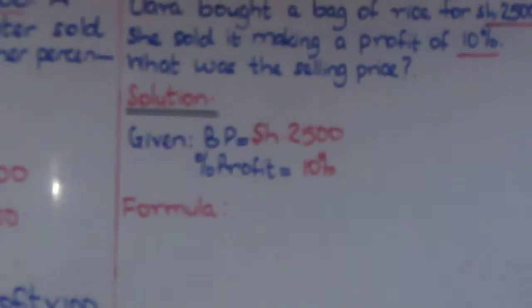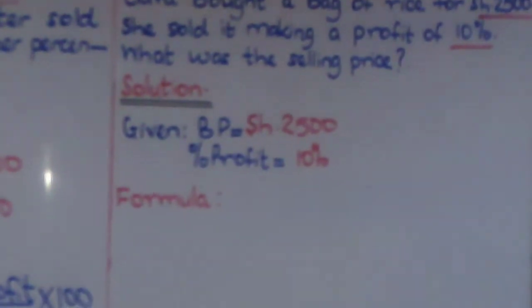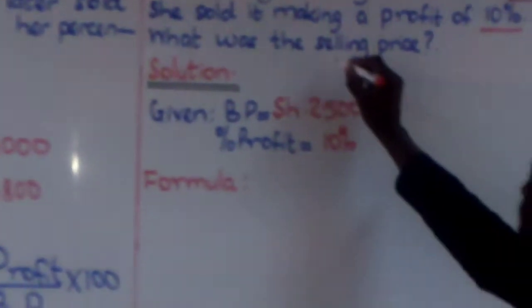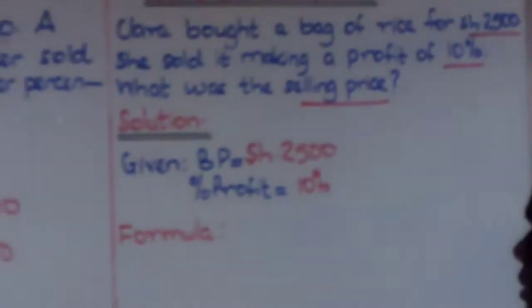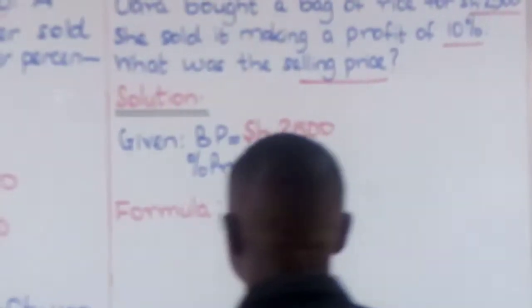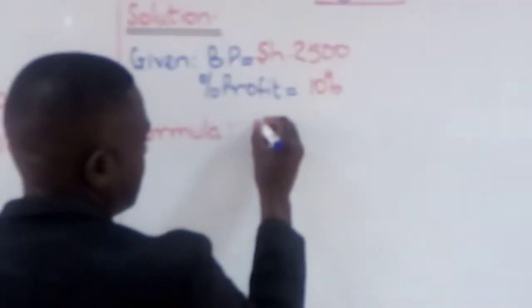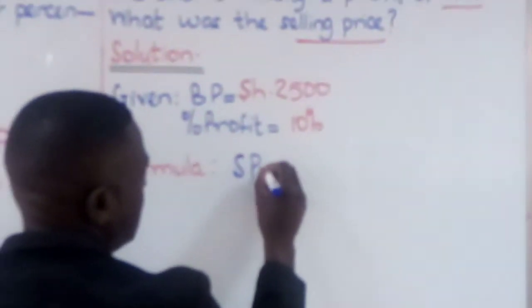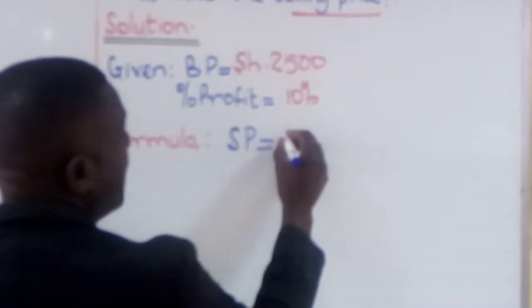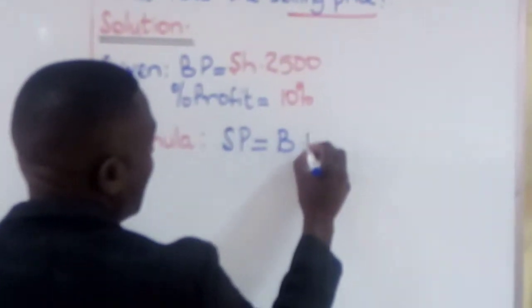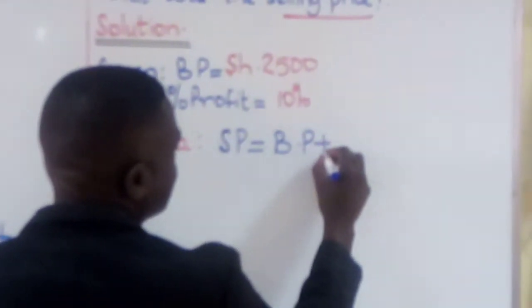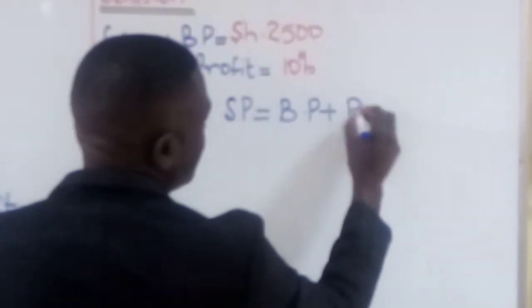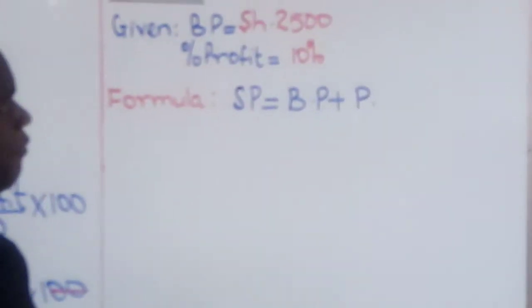But before that, let us write the formula that will help us to find selling price. Selling price, SP, is going to be equal to buying price plus profit.